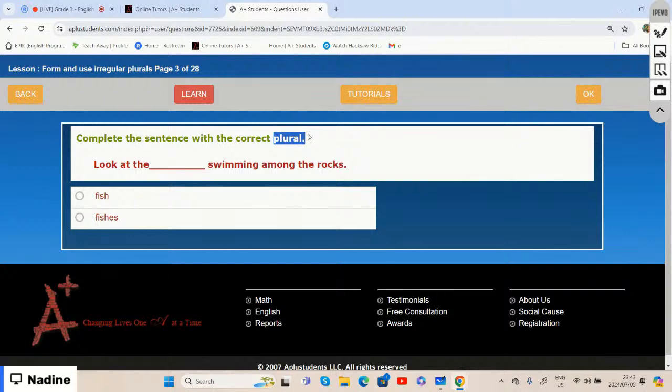All right, so if we were to choose the correct plural, then we will say, look at the fish swimming among the rocks. Some say fish, some say fishes.